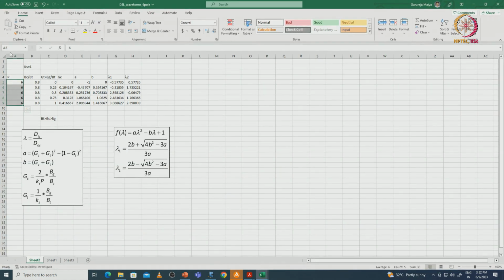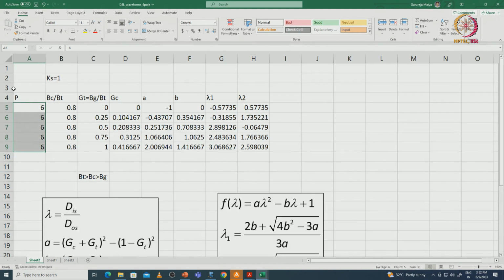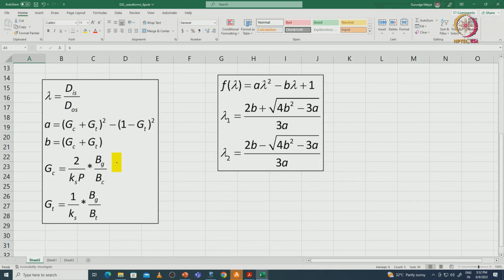If I change the number of poles, we will see how the output function as well as the copper function vary. Why those two vary with respect to the poles: GC depends upon the number of poles, right. The GC equation depends on the number of poles.